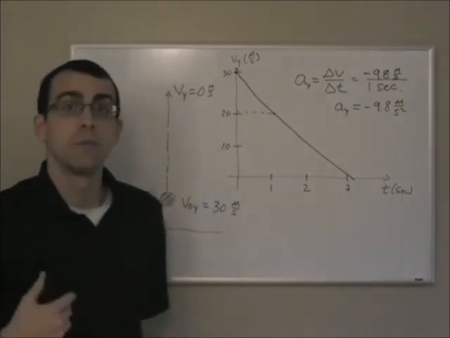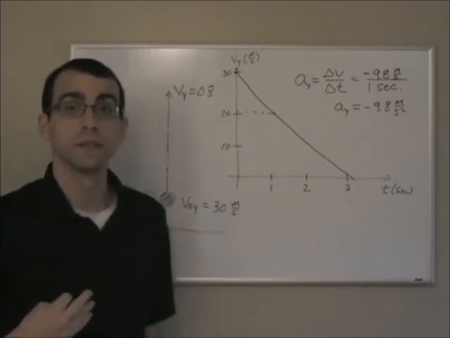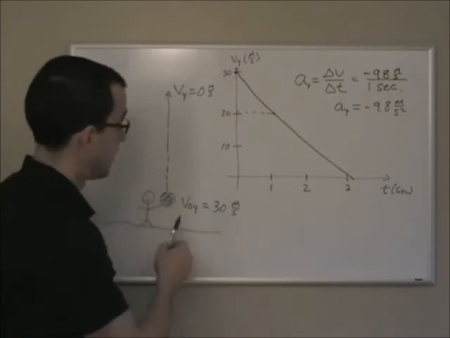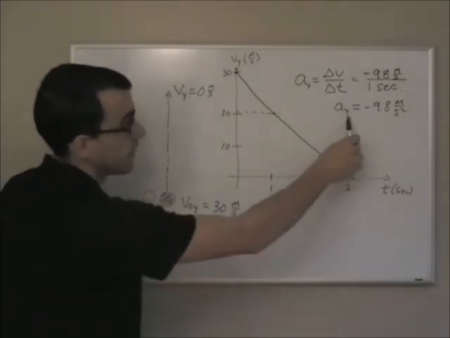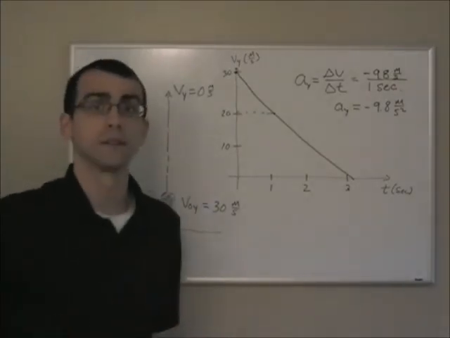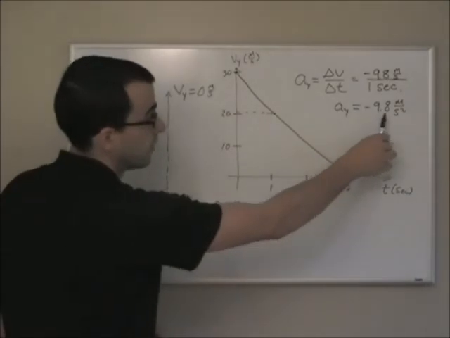We saw in our previous problem when the ball fell from the roof that it was accelerating at a rate of negative 9.8 meters per second squared. And now we're saying this ball is decelerating at the exact same rate. And it turns out that, again, all objects that are thrown into the air are going to decelerate at this exact same value.